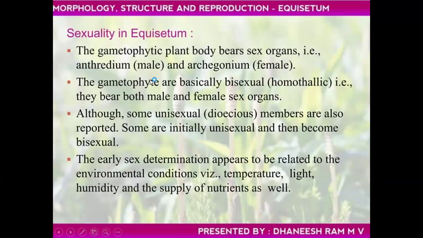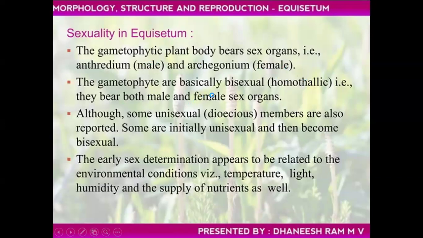Now, the spores upon germination develop into the next generation of the plant body called the gametophyte. This gametophytic plant body bears two types of sex organs, called the antheridium and the archegonium. The antheridium is the male sexual organ, and the archegonium is the female sexual organ.